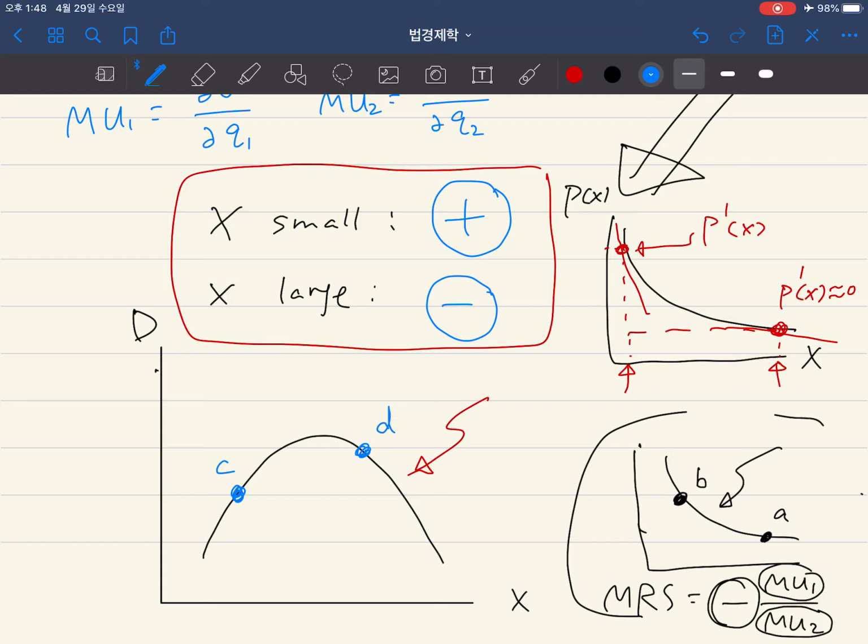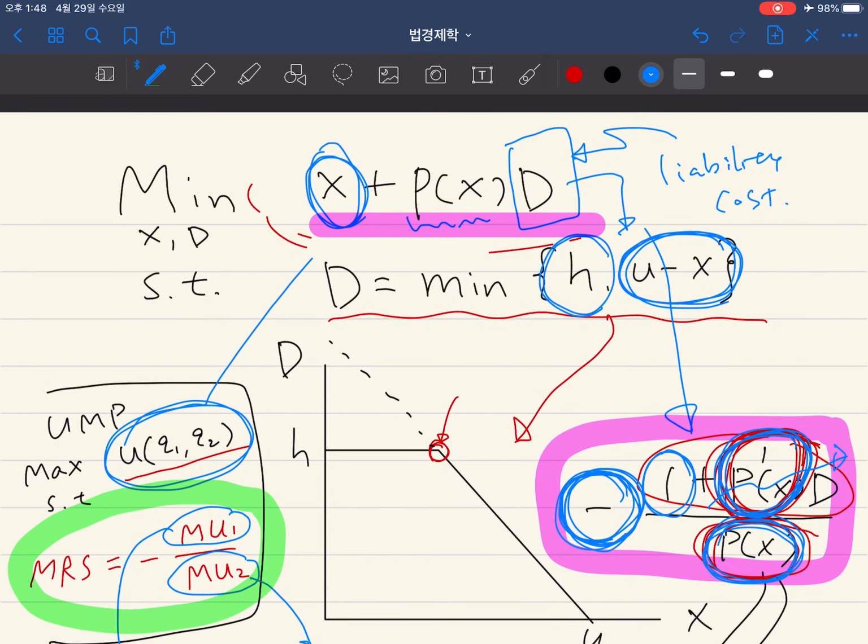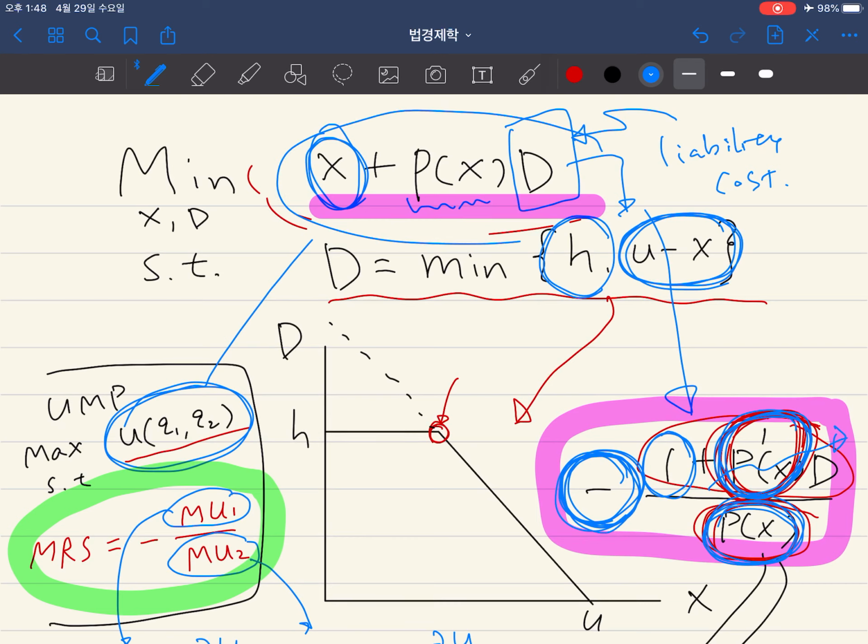The difference is just interpretation. So what's happening at points C and D? At point C and point D, this cost must be the same, since we interpret this objective function as the injurer's cost.